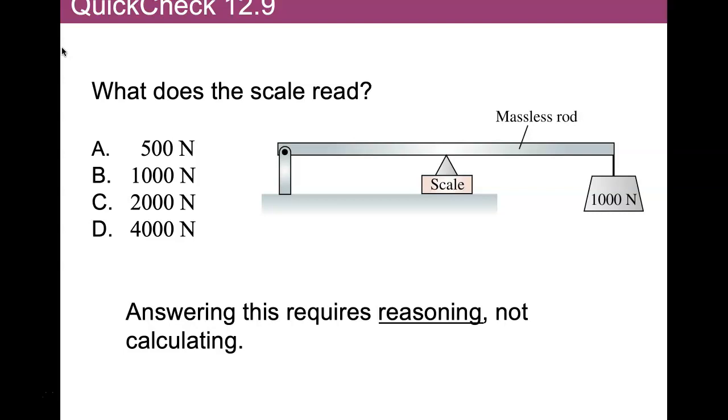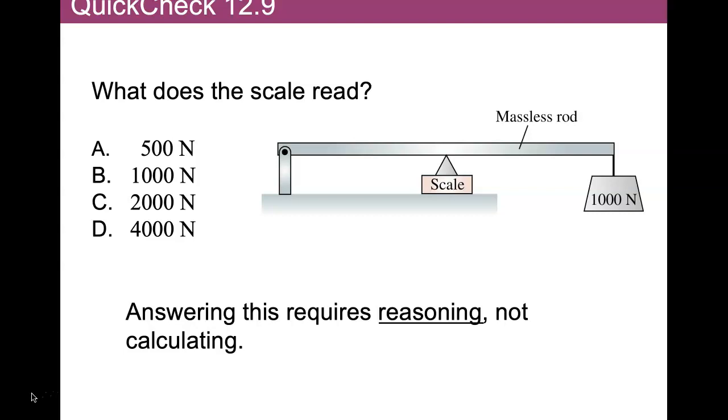If we don't want to mess with them, we just put our axis there, which is a natural choice here, and calculate the torque around that. Then the 1,000 Newton weight will give us 1,000 Newton times the length of the rod, and that's a clockwise torque. So it wants to rotate the rod downward.